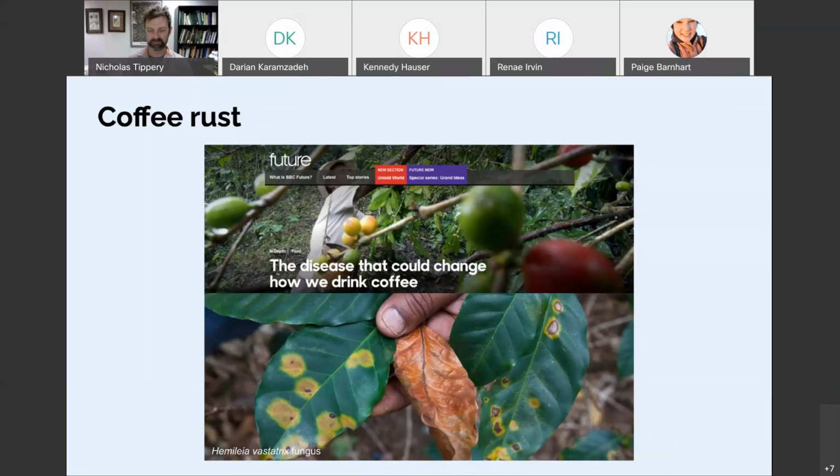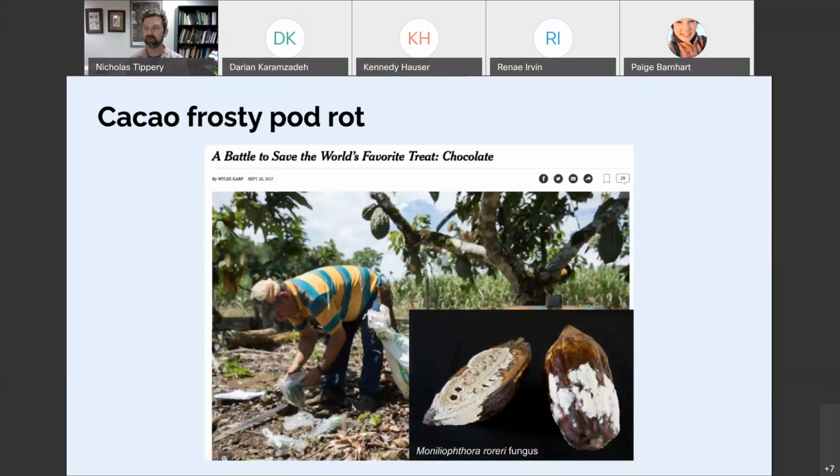Maybe the next generation might see a big change in what happens to our global coffee supply or chocolate supply. Maybe you weren't affected by coffee, but you're more interested in the fate of chocolate plants. So here's another one. Same thing. Another one of these headlines comes through like, is this the end of chocolate? And it's, again, a fungus that's specific to chocolate, takes advantage of the density of chocolate plants grown on plantations.